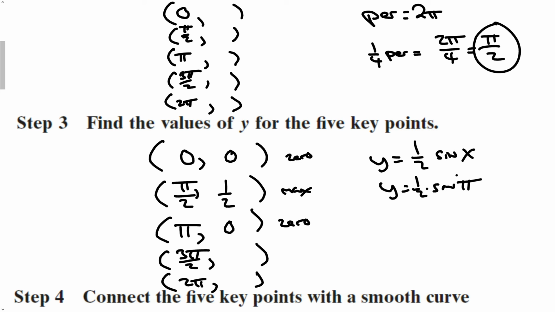And then, if I plug in 3 pi over 2, we're not going to plug in any of the weird ones like pi over 3 or pi over 6. The sine of 3 pi over 2 is negative 1 times 1/2, which is negative 1/2. And then finally, the sine of 2 pi is 0 again.